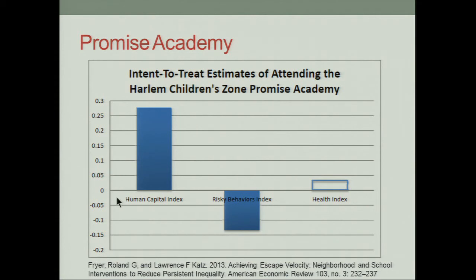You can see that this human capital index, a kind of summative index of education outcomes, showed really large gains, just shy of a third of a standard deviation. They also found improvements in risky health behaviors. This is captured by this risky behaviors index, and it includes pregnancy, incarceration, substance use, and criminal behaviors, and it amounts to 0.14 standard deviations, which is still substantial.